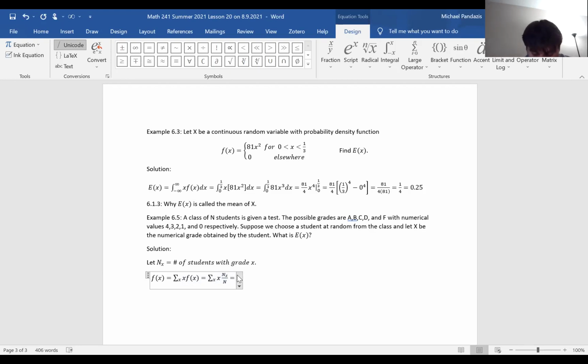So the probability f of x is the number of students who get the grade of x divided by the total number of students. So that's n sub x over n.